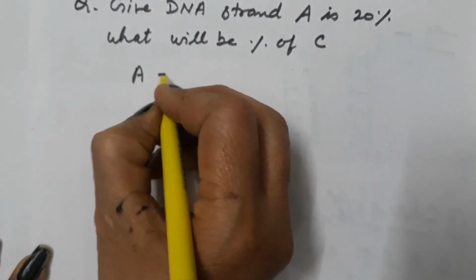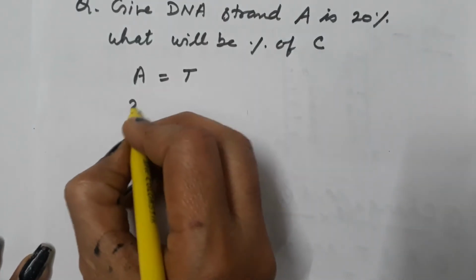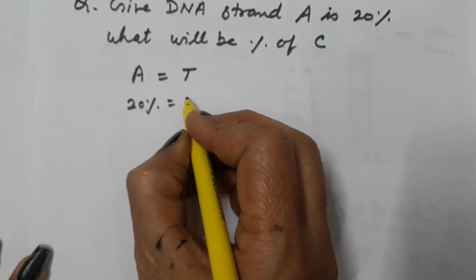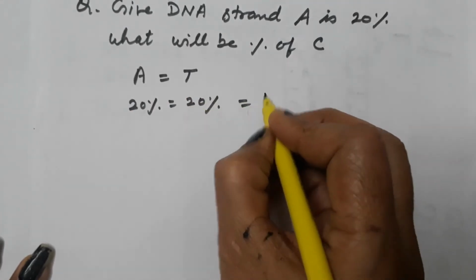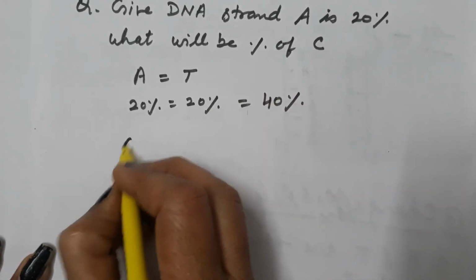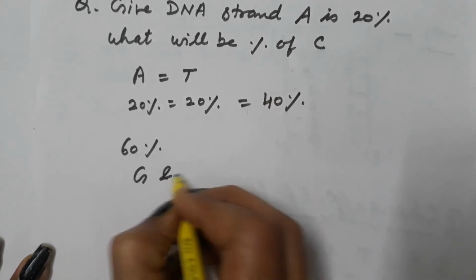A is always equal to T. If here A is given 20%, so T would also be 20%. So out of 100%, 40% is gone. What remains, that is 60%, is distributed to guanine and cytosine.